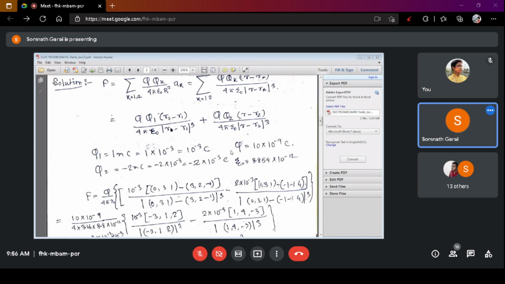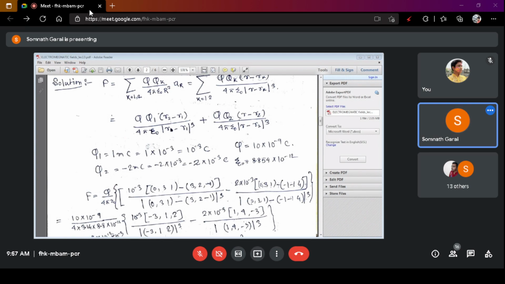minus Q2. Q2's value is minus 2 into 10 to the power minus 3, then R minus R2, the position vector. So R is 0, 3, 1, minus of minus 1, minus 1, 4, that is R minus R2, divided by the mod of R minus R2 cube.